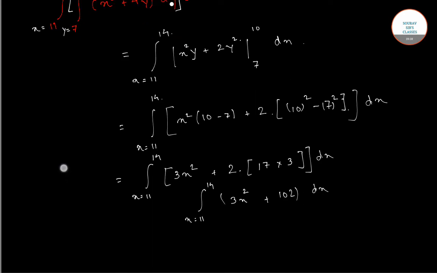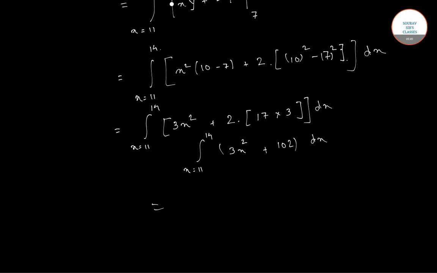Now we will solve this integration with respect to x, and we will get x cube plus 102x, with x going from 11 to 14. So this equals 14 cube minus 11 cube plus 102 into 14 minus 11.